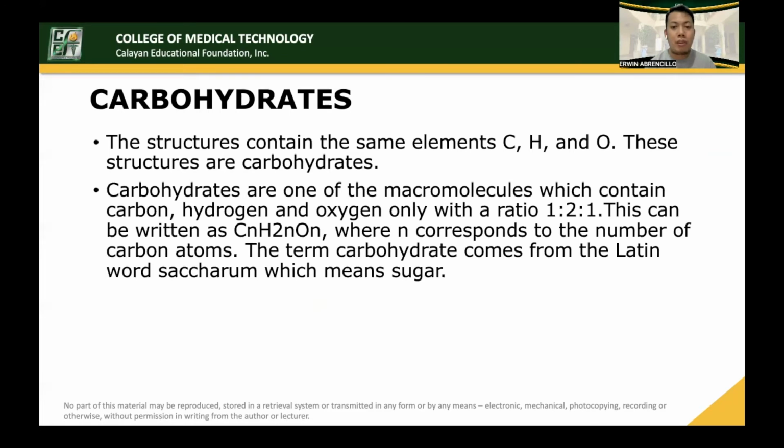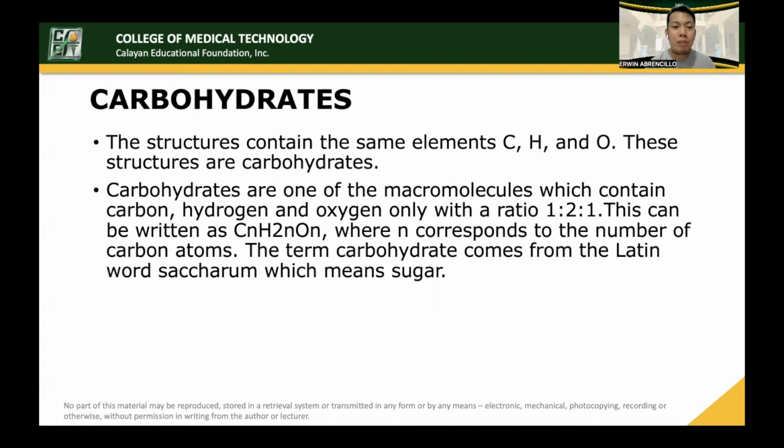So they are one of the macromolecules, meaning to say that they are big molecules which contain carbon, hydrogen, and oxygen only with a ratio of 1:2:1. So the general formula for carbohydrates is CnH2nOn.